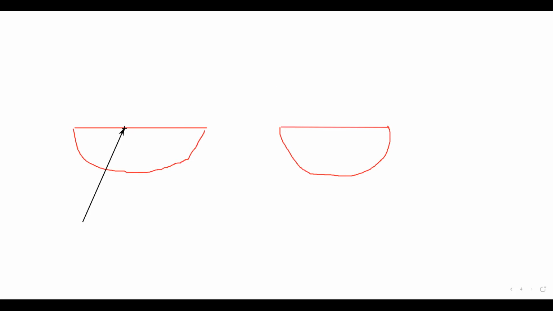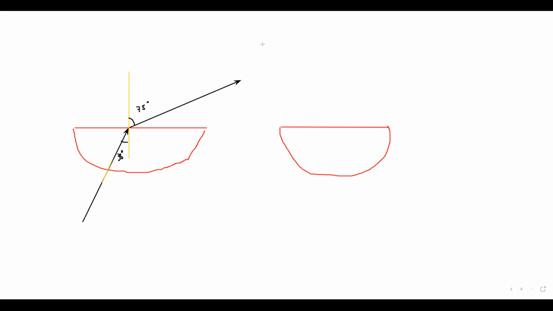The light passes along the normal, an imaginary line which is perpendicular to the surface. First normal when it strikes the air to glass boundary, second normal when it strikes the glass to air boundary, and it is refracted. This was 35 and this one is 75.